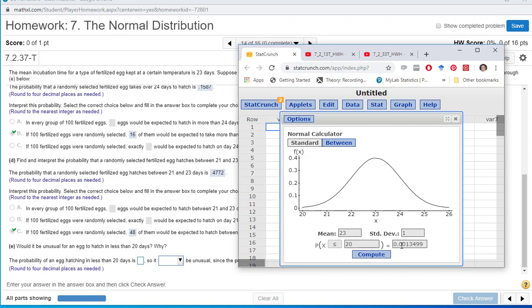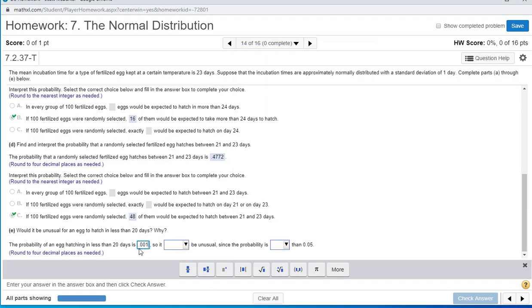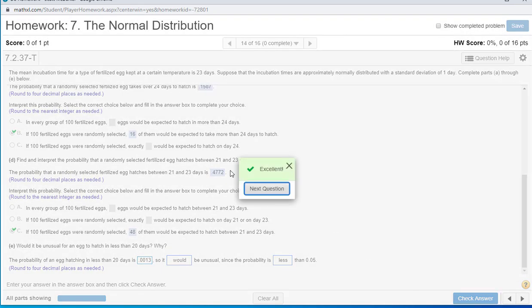That is at 0.0013. So the probability is 0.0013. Very unusual, 0.13%. So it would be unusual since the probability is definitely less than 0.05. Okay, so I hope that helps.